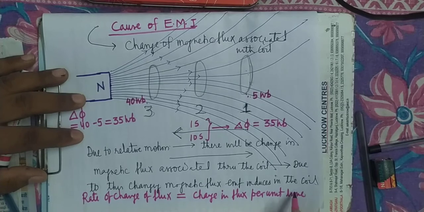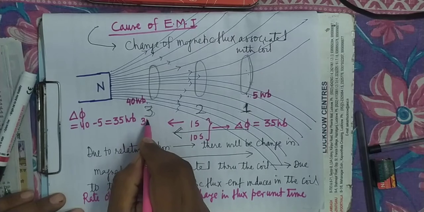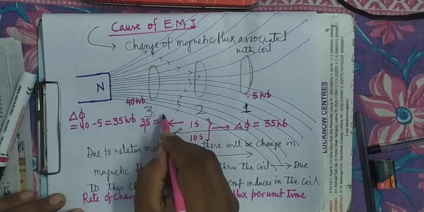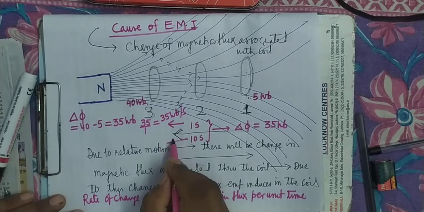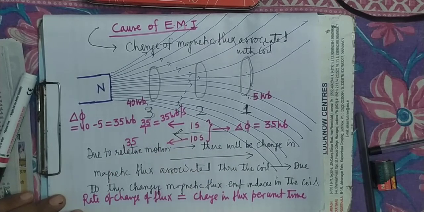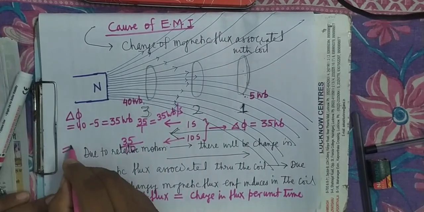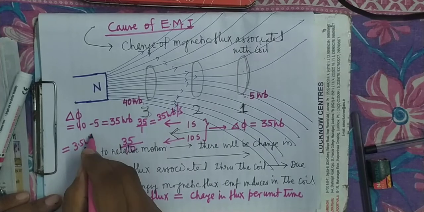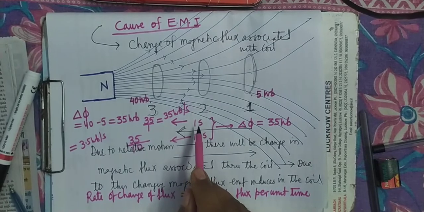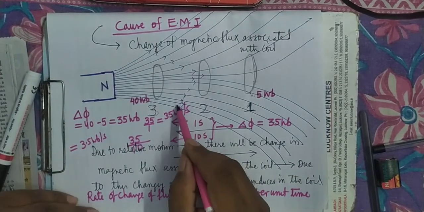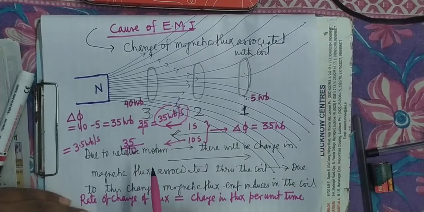So see here, it is more in which case? In this case it is more, because it is 35 upon 1, that is 35 Weber per second. While in the second case, 35 is the change of flux, 10 seconds is the time taken, so it is 3.5 Weber per second. Since the rate of change of flux is more in this case, a greater EMF will be induced, a greater current will be induced.